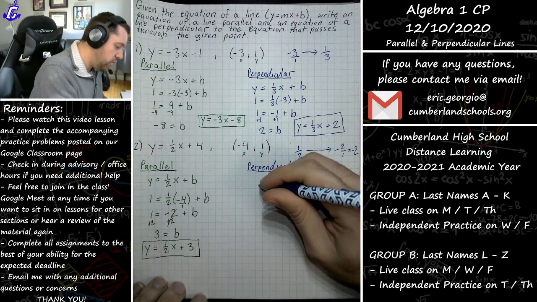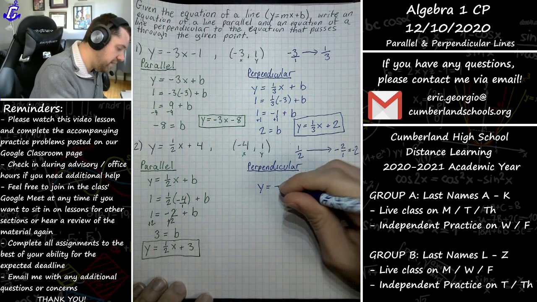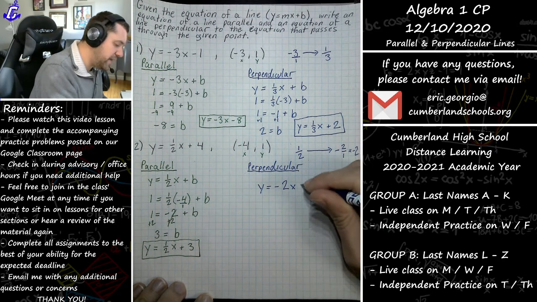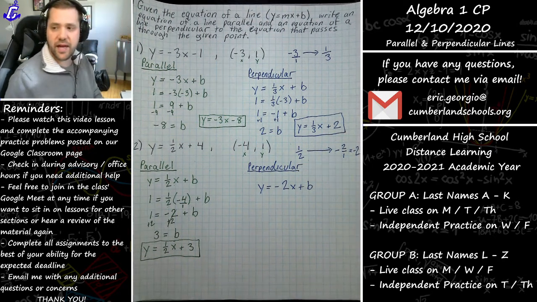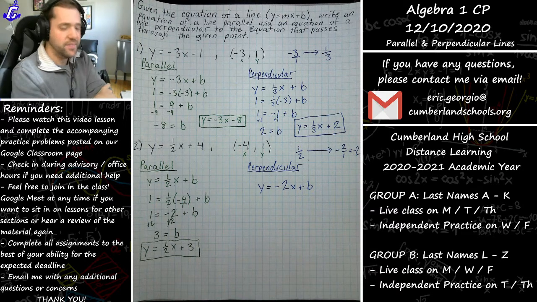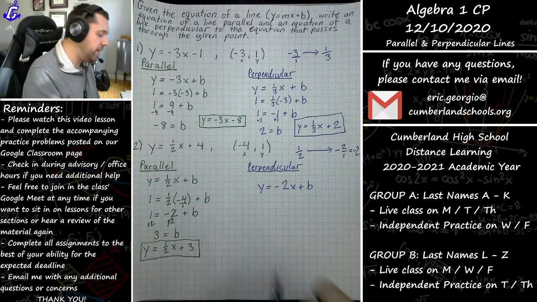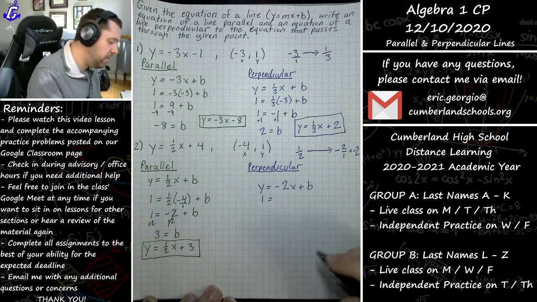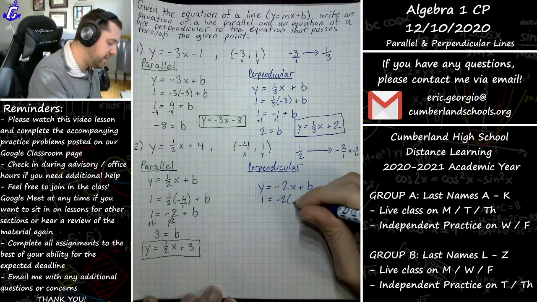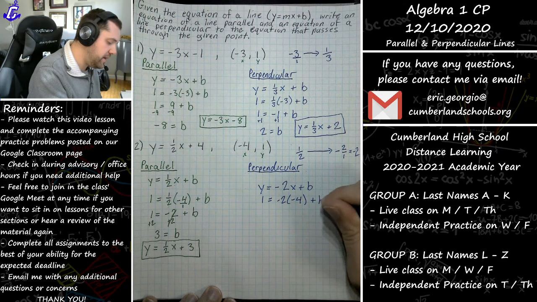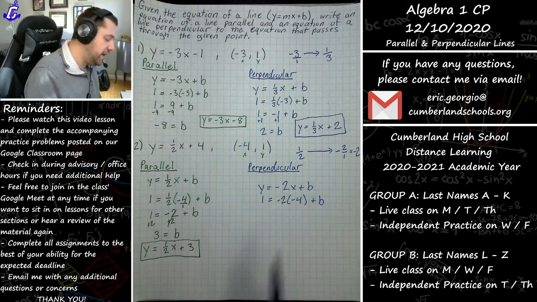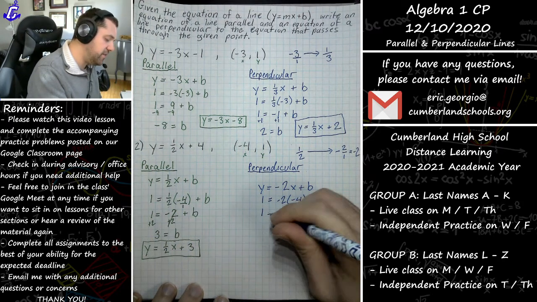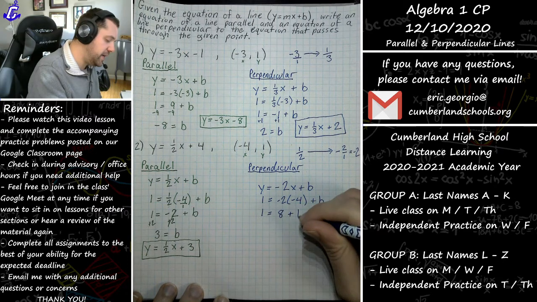I'd say y equals -2x, but I still don't know what b is. So plus b, I don't know what that y-intercept has to be. But again, we can figure it out by saying here's x, here's y, let's plug in. I'd say 1 has to equal -2 times -4 plus b. -2 times -4 is +8, so we'd say 1 has to equal 8 plus b.